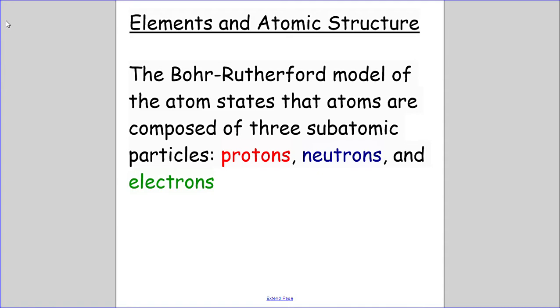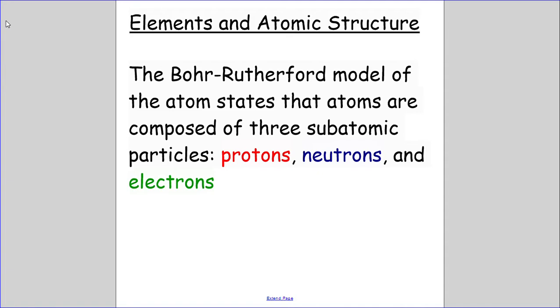In the next section you'll be doing a little bit of history, answering some questions on different scientists and their contribution to the atomic model and what we currently understand of atoms, how they look and how they behave. So Bohr-Rutherford, two different scientists working together. One was a mentor of the other, and they came up with a working model that we'll use within this course to visualize how these atoms look.